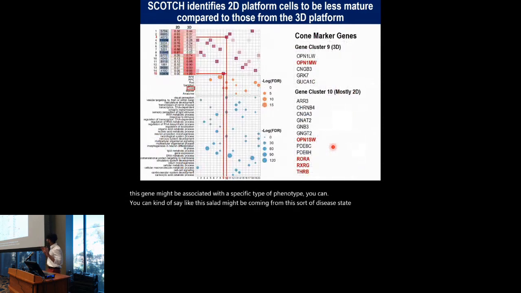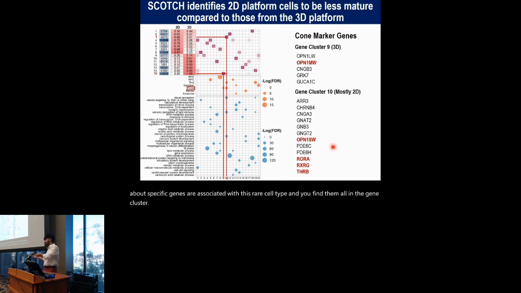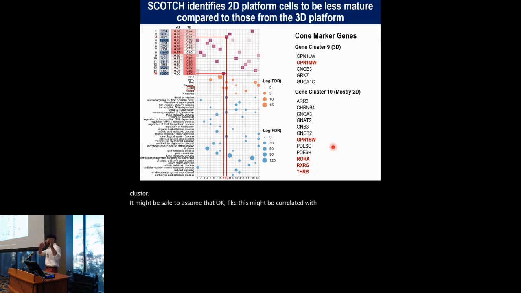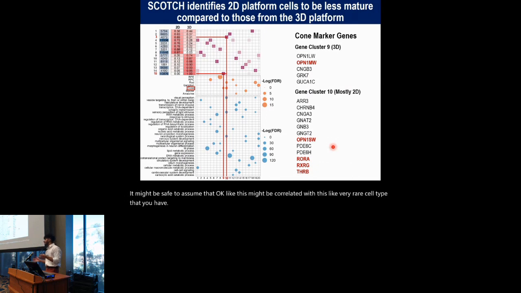I do understand that our ability to do actual annotation is going to be a little more difficult, but since we're clustering the genes and putting them into distinct sets, if you know that specific genes are associated with this rare cell type and you find them all in a gene cluster, it might be safe to assume that this might be correlated with the very rare cell type that you have. I don't know if that answers your question. Okay.